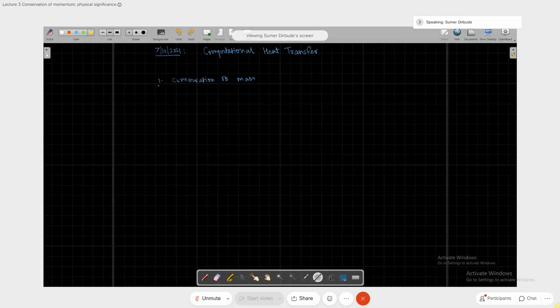And what was the conservation of mass equation we derived? It is a vector equation.